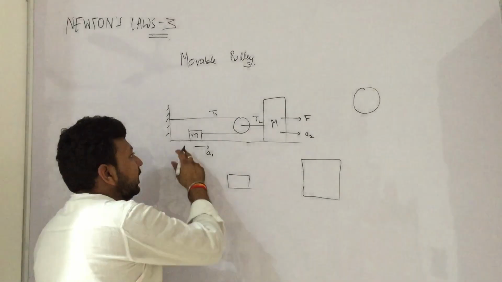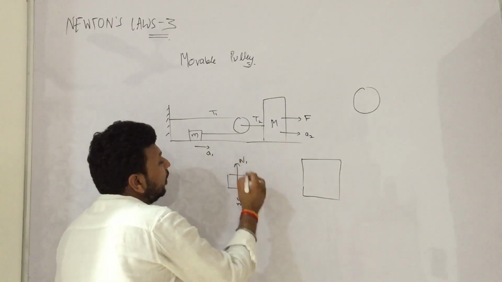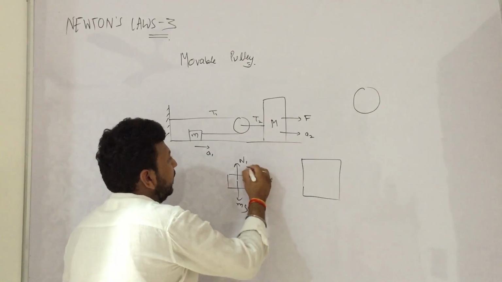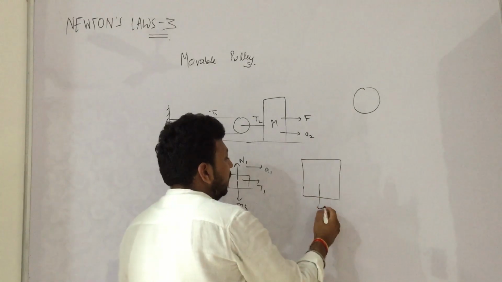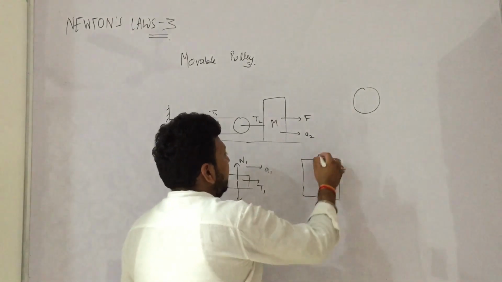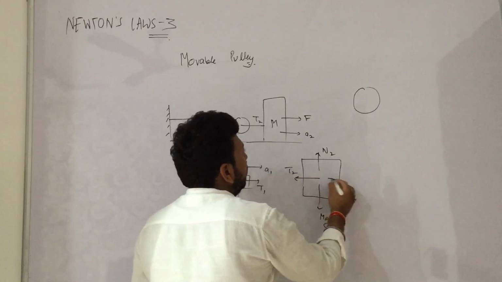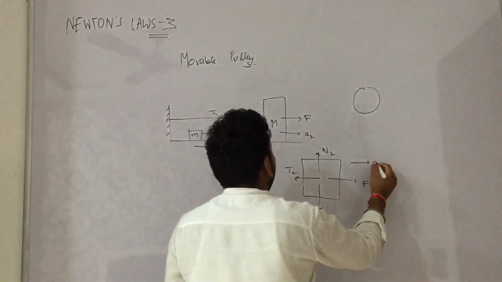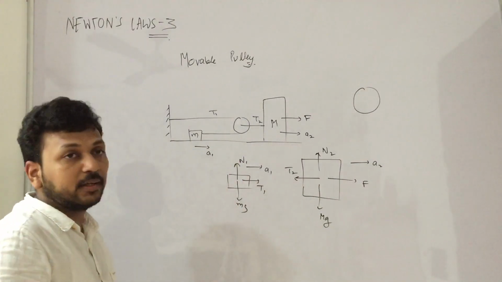So what are the forces acting on it? Small mg, normal N1, tension T1, acceleration A1, right? And for capital M: capital Mg, normal N2, tension T2, force F and acceleration A2, right? So these are the forces and accelerations.